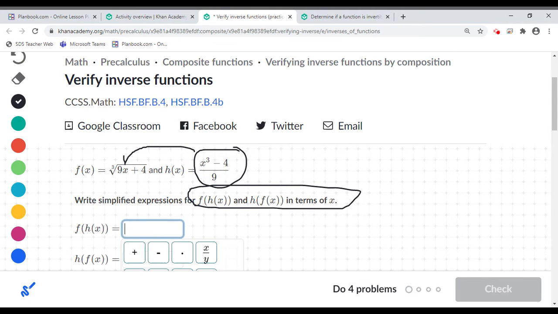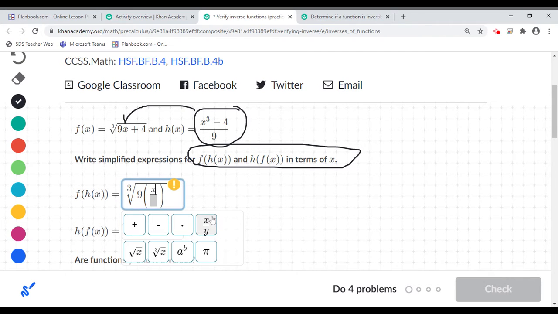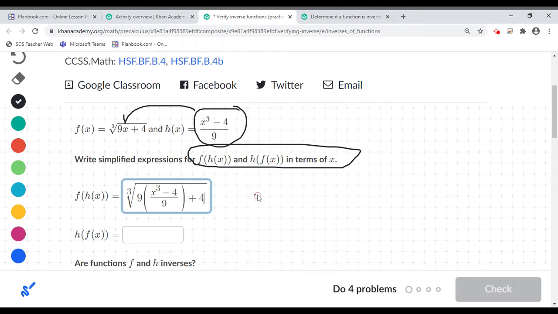So let's go ahead and write that in. Cubed root, 9, and I'm going to need parentheses. I need a fraction. I need the exponent. A lot going on here. 9 and then plus 4. Okay, and let's do the same thing down here.